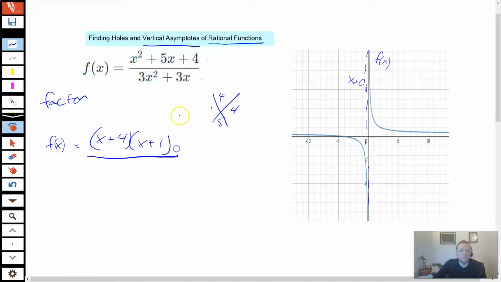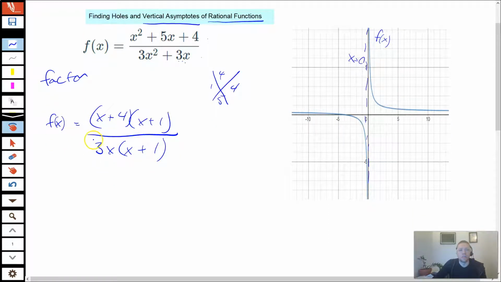And then on the bottom, well, notice there's a common factor here. 3 is in both of my terms, and also there's an x in both my terms. So I'm going to pull out a 3x, backwards distribute, right? And what is left over is just 1x here for my first term, and then what times 3x gives me 3x? Well, 1, right?